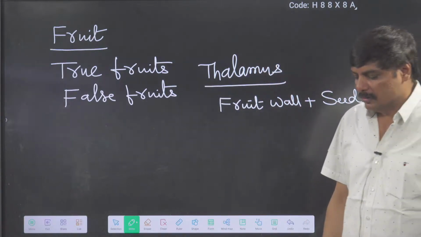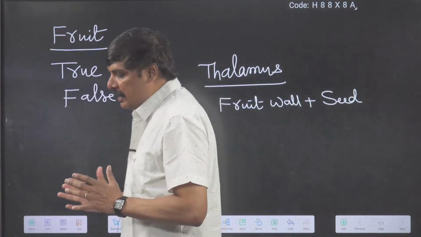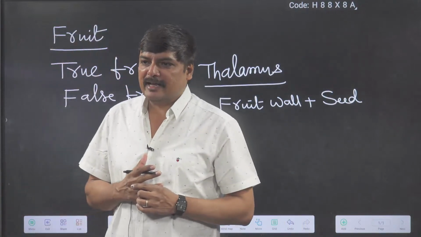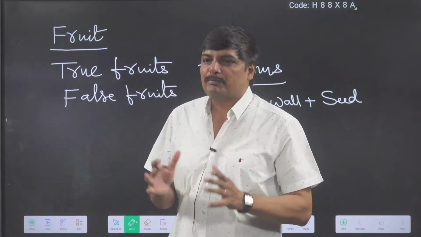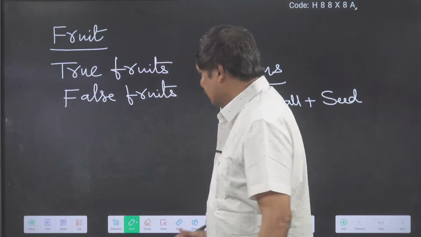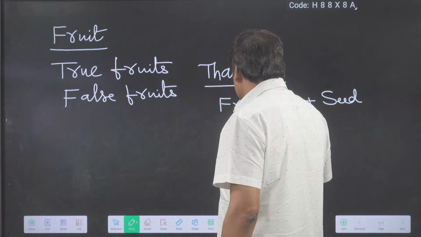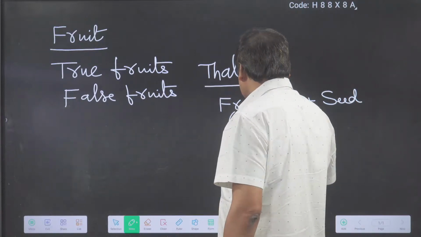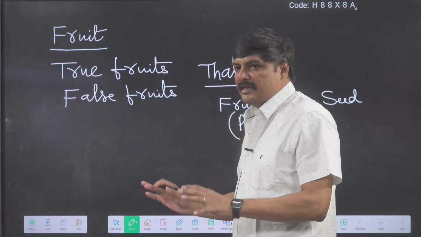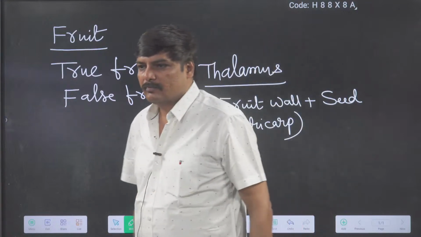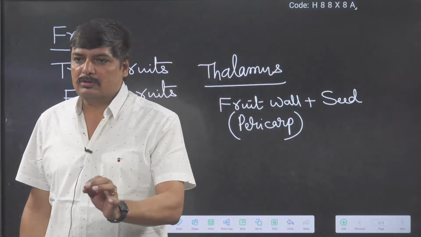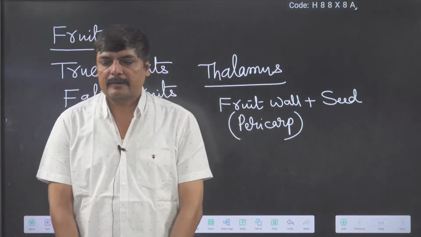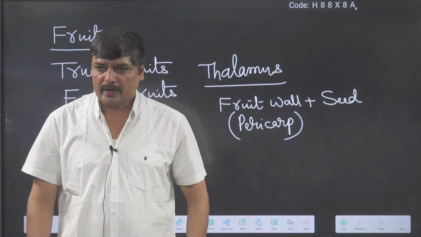What is the technical name of the fruit wall? Pericarp. Fruit wall is known as pericarp. So pericarp plus seeds is equal to true fruit. Okay.